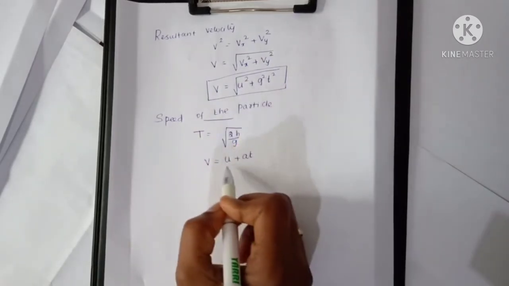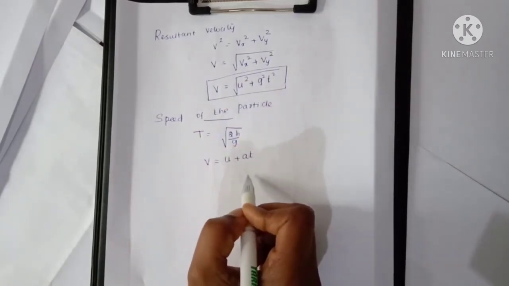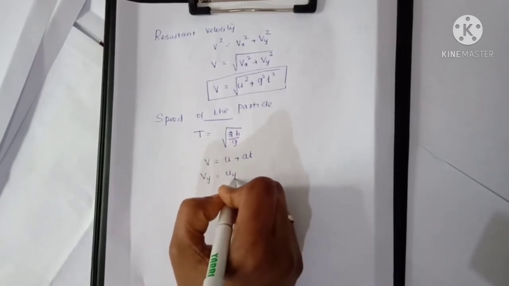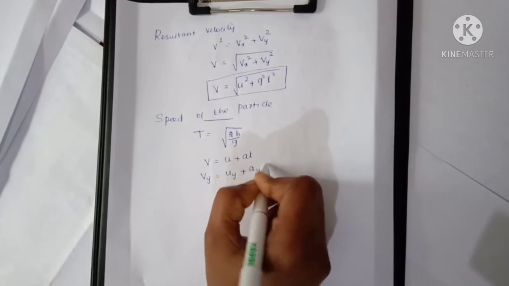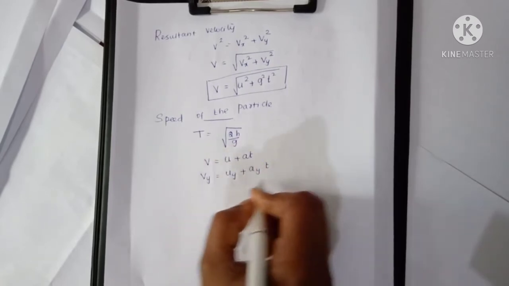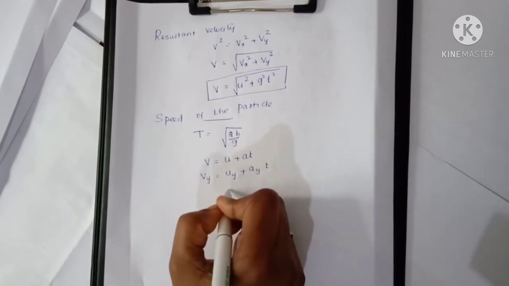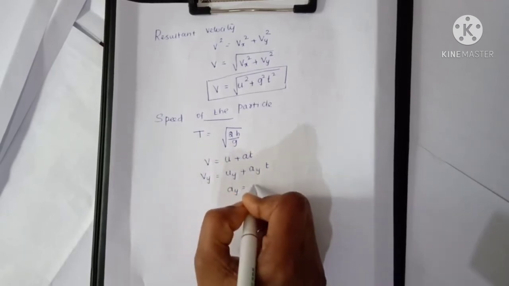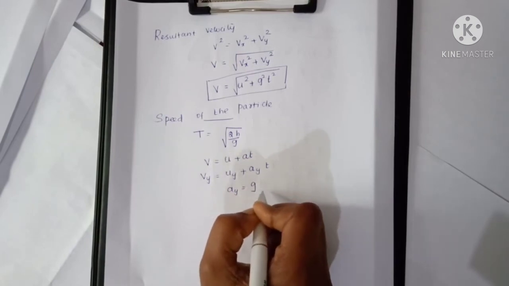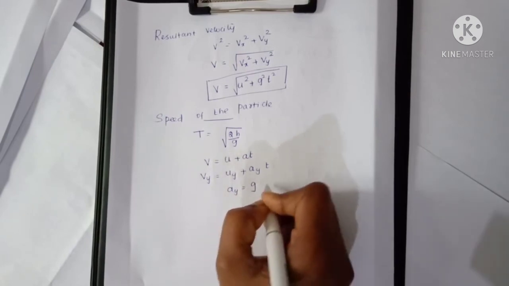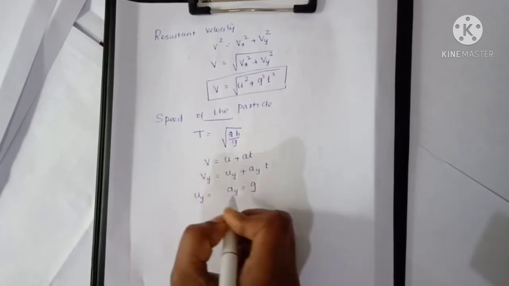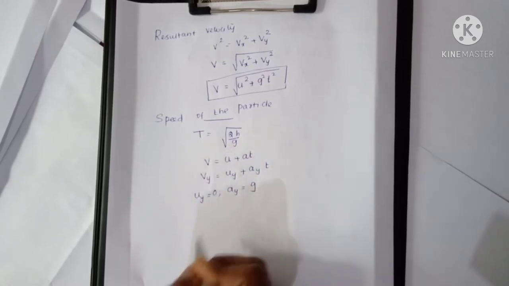The object moves along the y axis, so we write vy is equal to uy plus ayt, where ay is g because the object moves due to gravity, and there is no initial velocity along the y axis, so uy is 0.